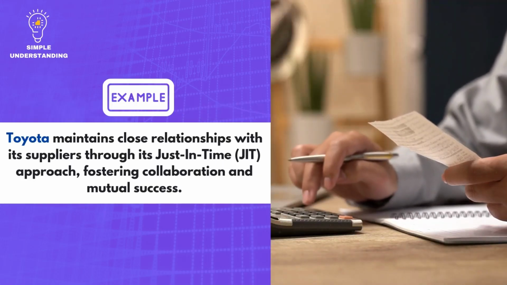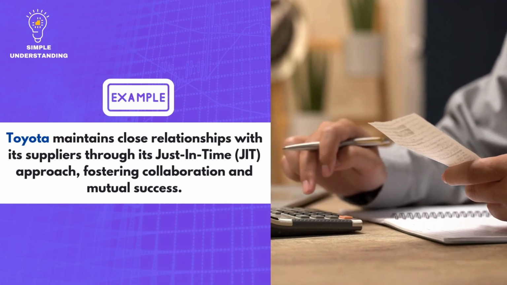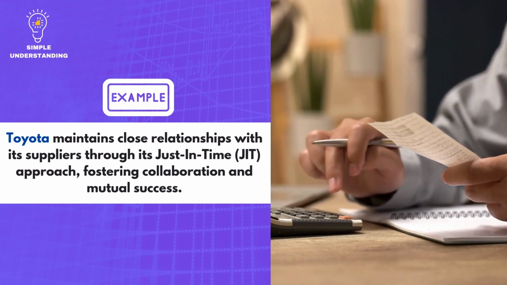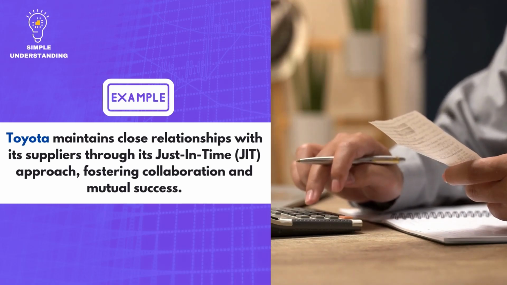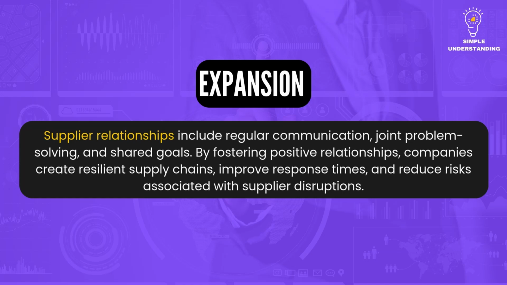Toyota maintains close relationships with its suppliers through its just-in-time (JIT) approach, fostering collaboration and mutual success. Expansion. Supplier relationships include regular communication, joint problem-solving, and shared goals. By fostering positive relationships, companies create resilient supply chains, improve response times, and reduce risks associated with supplier disruptions.